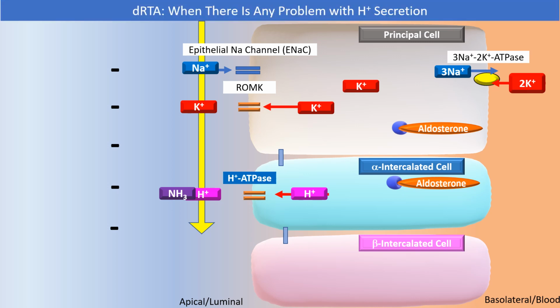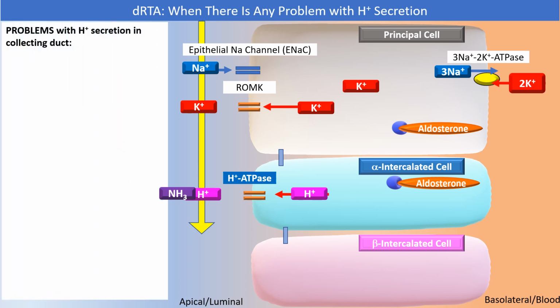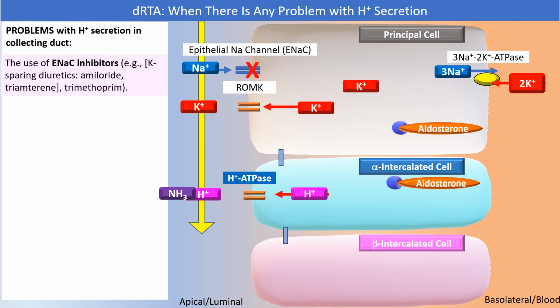Distal RTA occurs when there is any problem with hydrogen secretion. Any one of the following can present as distal RTA. The use of ENaC inhibitors, such as potassium-sparing diuretics including amiloride and triamterene, or trimethoprim, a component of the antibiotic sulfamethoxazole-trimethoprim.